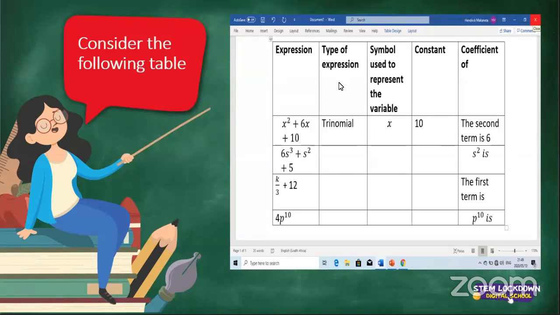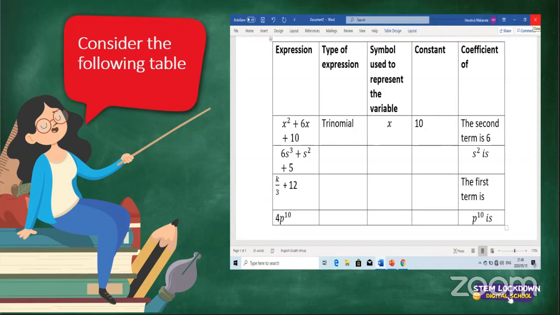Now what I want us to do is look at the remaining three expressions. There's an expression here, another expression, followed by the third one there. So basically, we have three expressions.